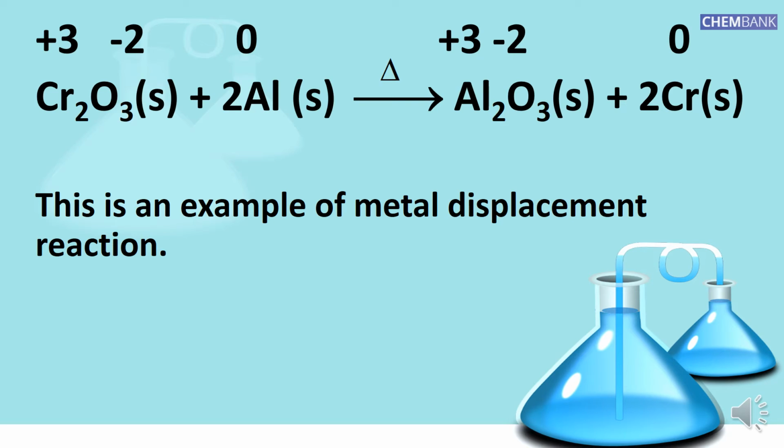Cr2O3 plus 2 aluminium gives aluminium oxide, Al2O3, plus chromium. Now see the oxidation number of aluminium changes from 0 to +3. The oxidation number of chromium changes from +3 to 0, and this is an example of metal displacement reaction.